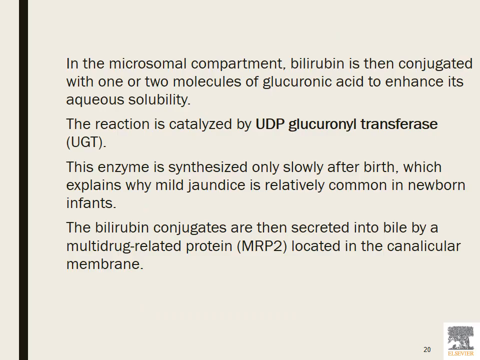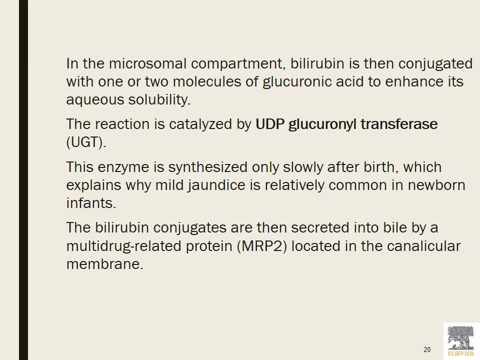In the microsomal component, bilirubin is then conjugated with one or two molecules of glucuronic acid to enhance its aqueous solubility. The reaction is catalyzed by the UDP glucuronyl transferase enzyme. This enzyme is synthesized only slowly after birth, which explains why mild jaundice is relatively common in newborn infants.